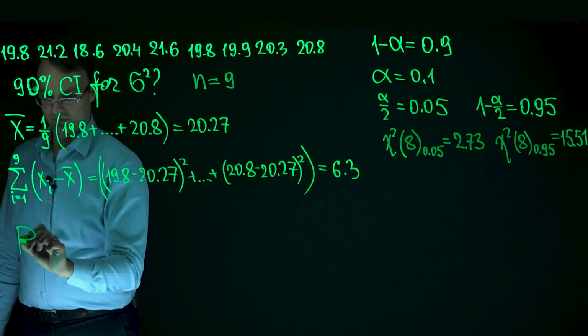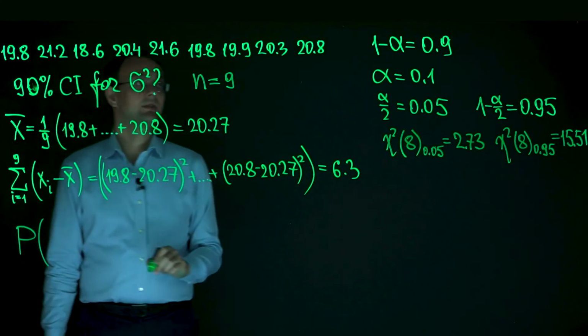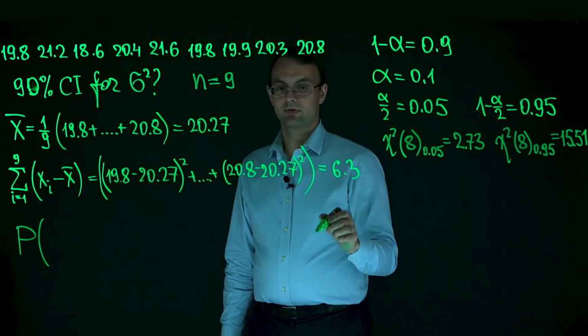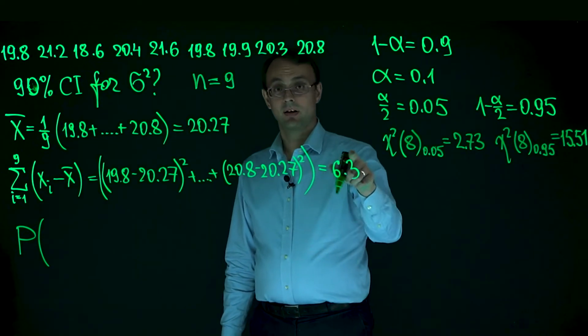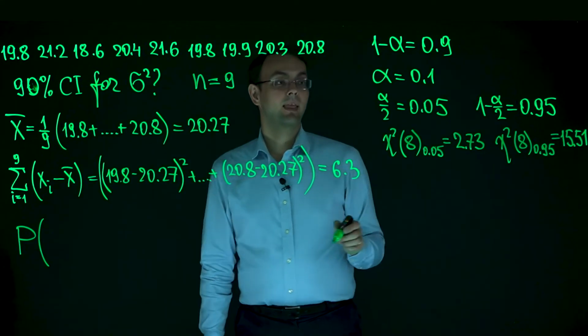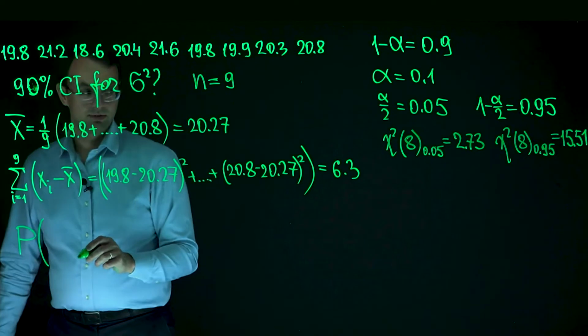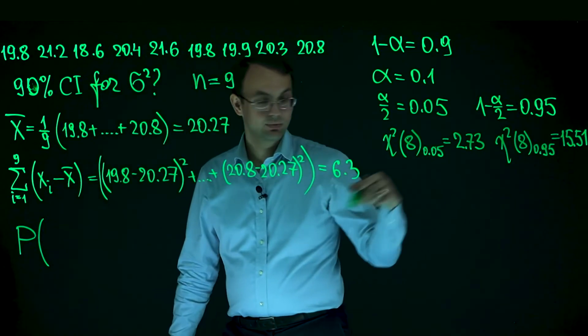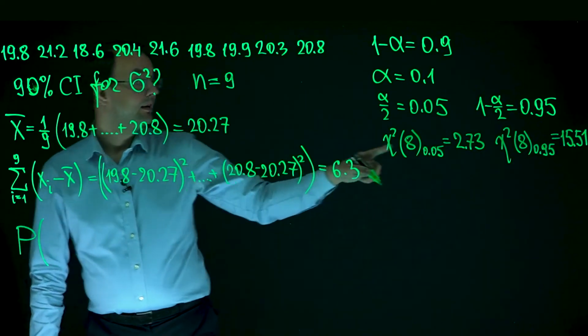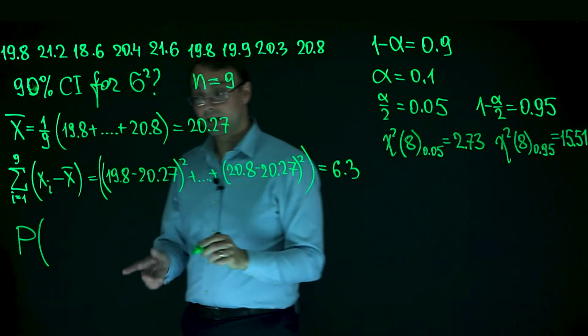So for the confidence interval, we need to take the sum of squared differences and divide it by the higher quantile. This is the left endpoint.